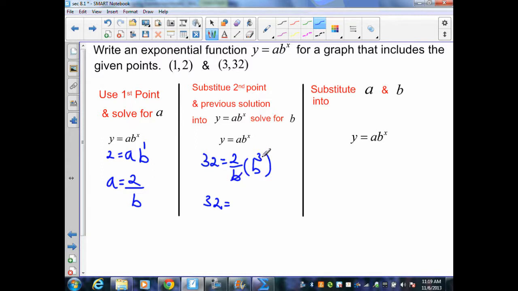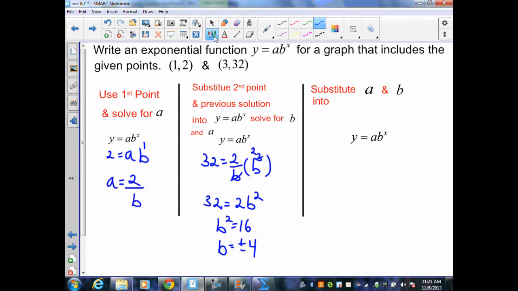That b cancels 3 into 2, so that's b squared. I have 2b squared. So b squared is equal to 16. Therefore, b is equal to plus or minus 4 when I take the square root of both sides.